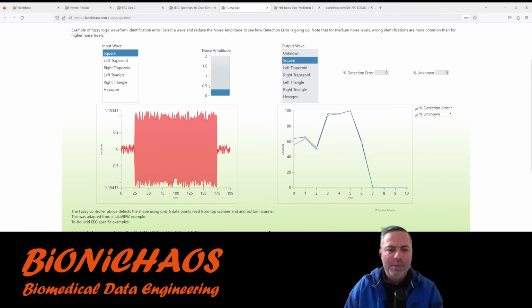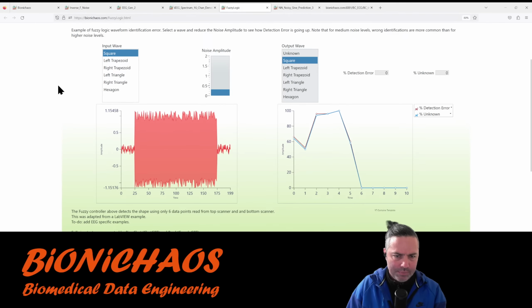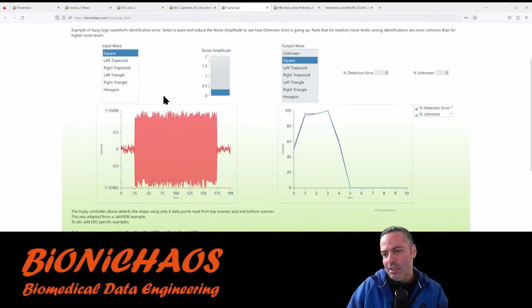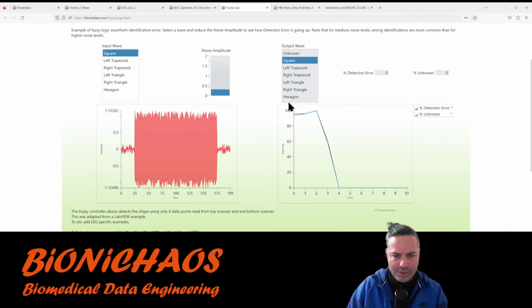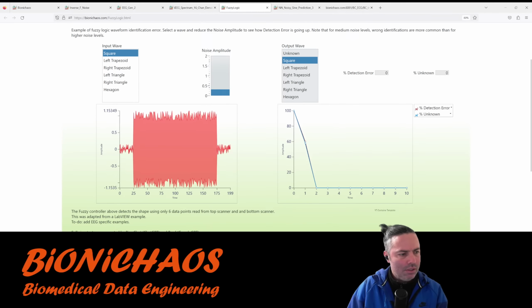I'm thinking about having another tool where you put this on a distribution, comparing two distributions in a one-dimensional or two-dimensional space, and then you see how much overlap there is.